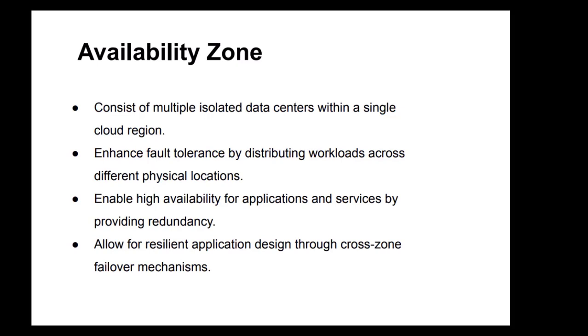Availability zones also allow all of our cloud services and applications to have redundancy. If one server or resource becomes unavailable for some reason, we can transfer the resources of the cloud service provider to another data center. It also allows our applications to have resiliency.